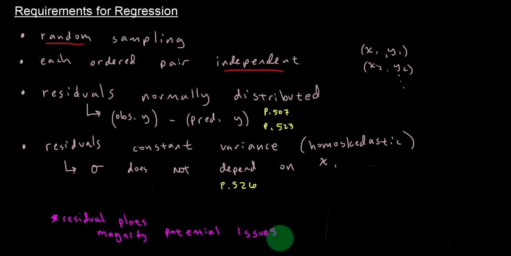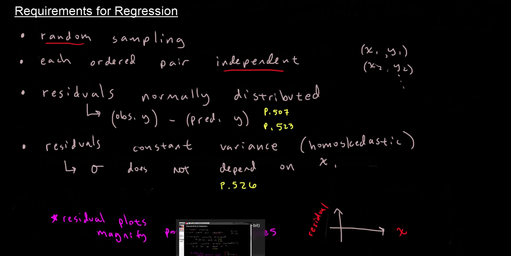So what a residual plot looks like is, as you saw, a scatter plot. But on the vertical axis is the residual being plotted, and it's usually about 0 because you can have positive and negative residuals, and it's usually plotted along the same x-axis. I'm going to open R again, utilize our cars data to show you these residual plots.